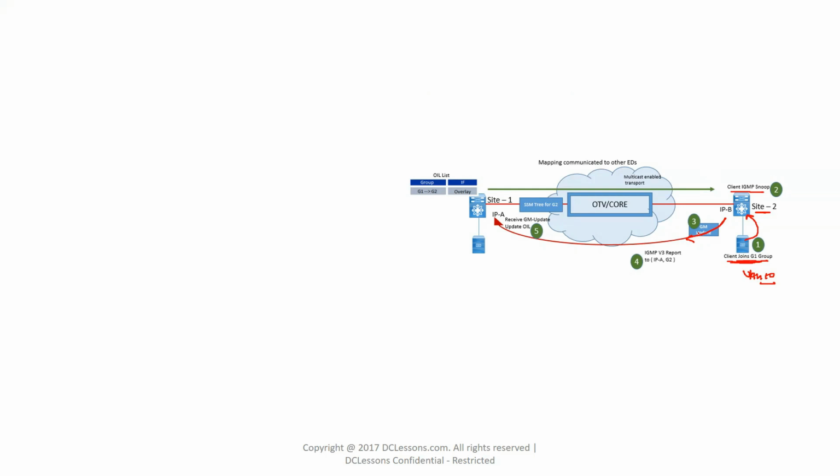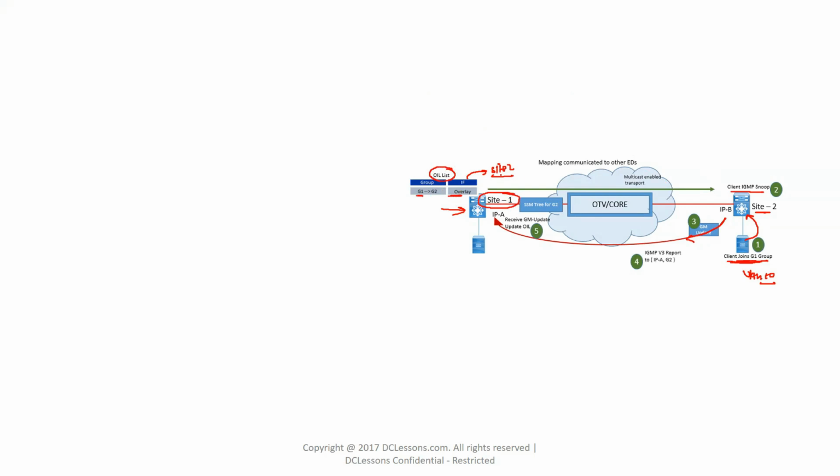Once the OTV edge device at site 1 receives the GM update, it will update the outgoing multicast list, saying that for group G1 I have to send traffic over the overlay to site 2, right? Okay.